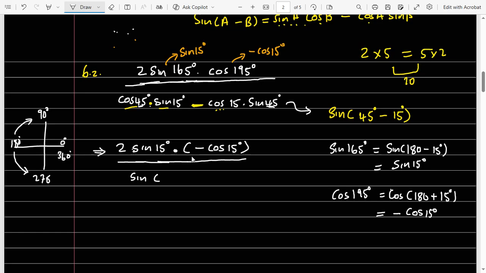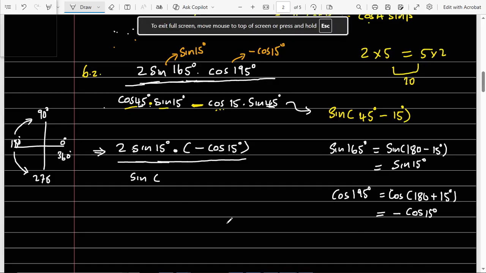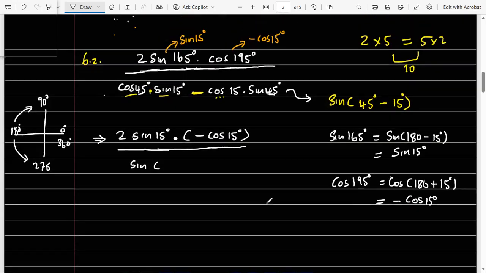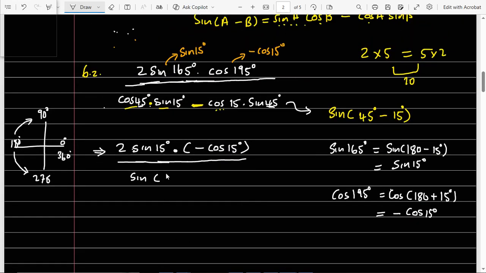Let me look at the compound angle, I just want to confirm something. Okay, I did confirm that. Let us continue. On the bottom we're going to write this as the sine of 45 degrees minus 15 degrees, right?